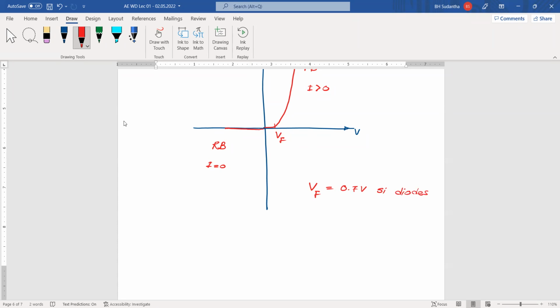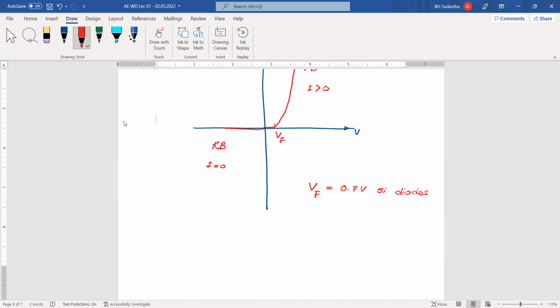You have to increase this voltage up to 0.7 volts. Then after 0.7 volts, the diode will start conducting current. The current can go through it. Then this depletion layer will vanish, and then positive current is possible.